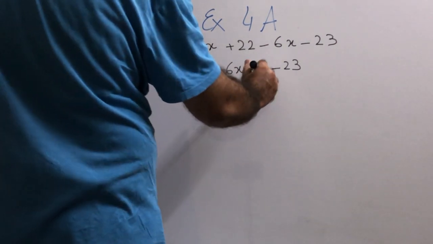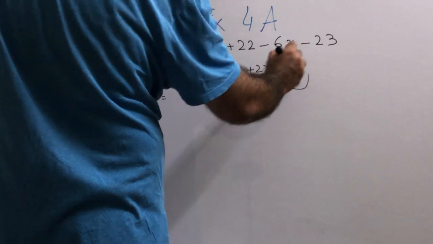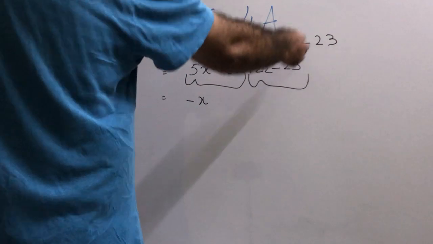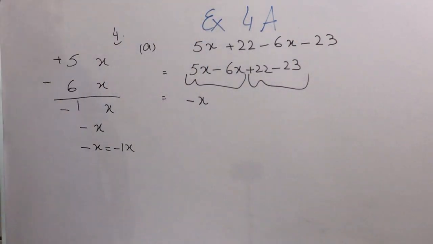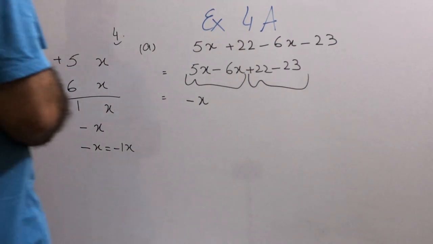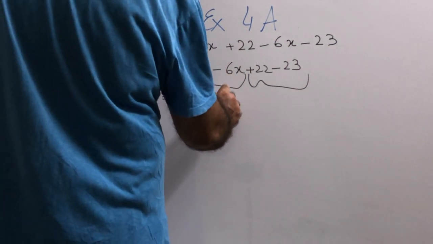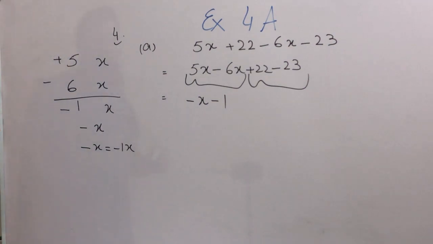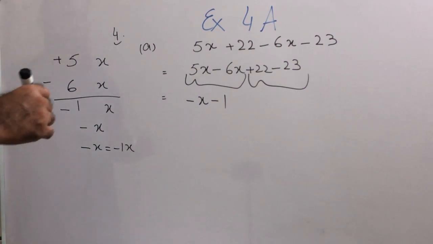Now we need to deal with this part, the numbers. You have $22 in your pocket, whereas you need to pay 23 as a loan. So from your pocket you will be paying the loan $22. Okay, your loan will come down and you have only $1 loan left. Okay, for $1 it is a loan, put minus. So minus x minus 1. This is the answer for this expression.